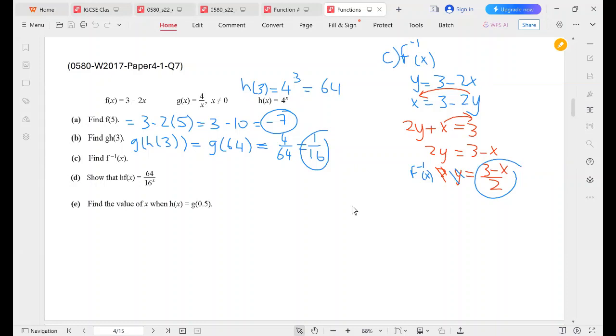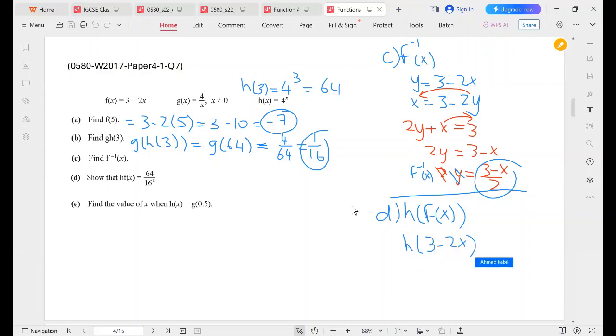Now, in question D, we are required to show that hf of x equals 64 over 16 to the power x, excuse me. So let's also give ourselves some space and let's do question D over here. Now we want to get h of f of x. So this is the same as h of 3 minus 2x.